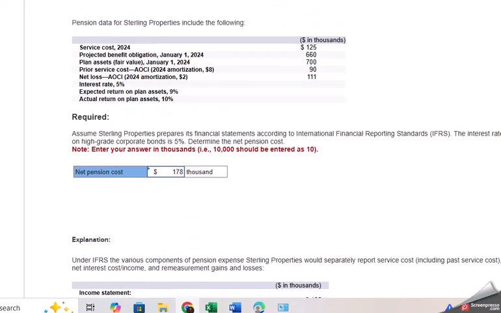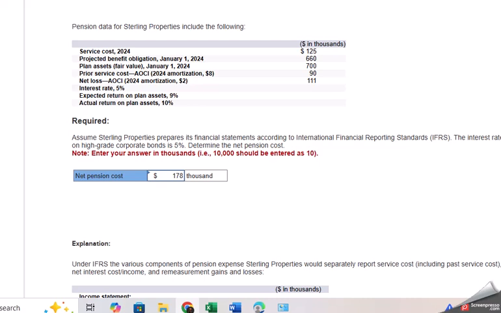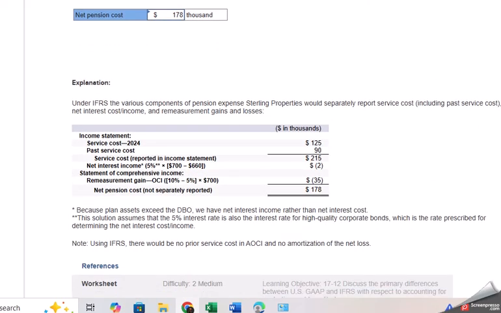And then we calculate that difference between the 5% interest and the 10% actual return on our plan assets of 700 million. And then again, because we had a gain, we made more than we were estimating, that goes into our other comprehensive income.